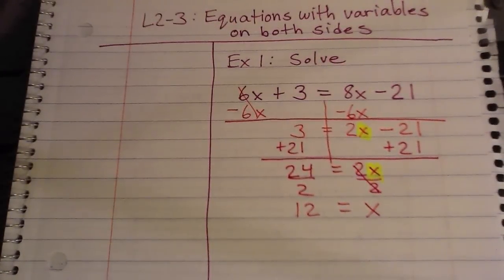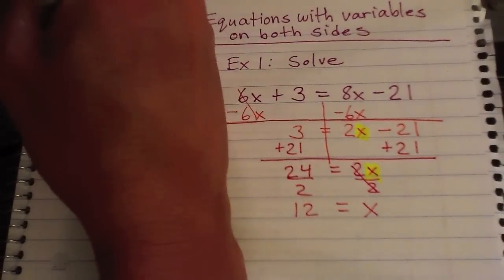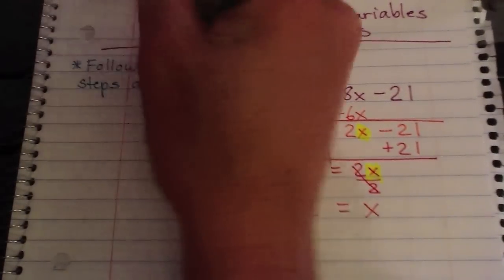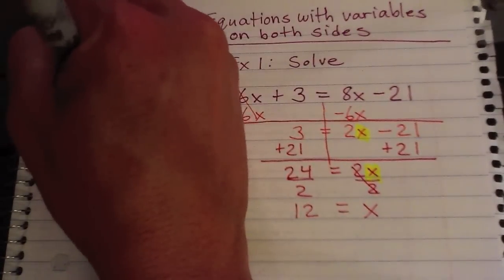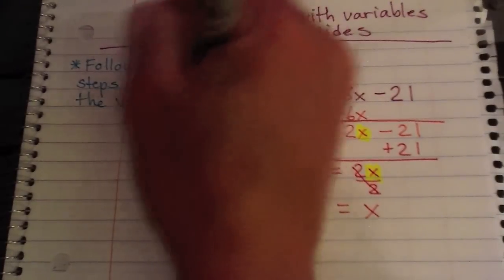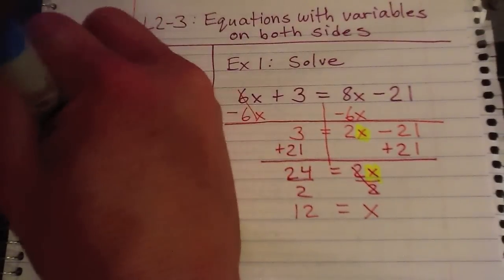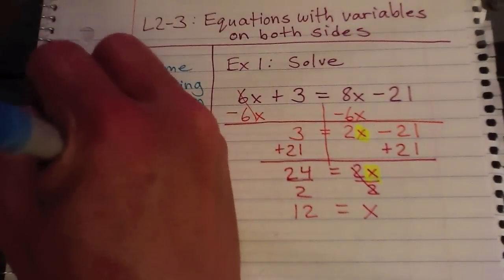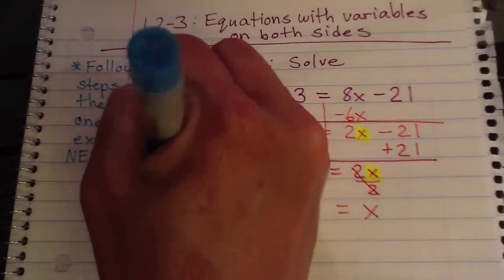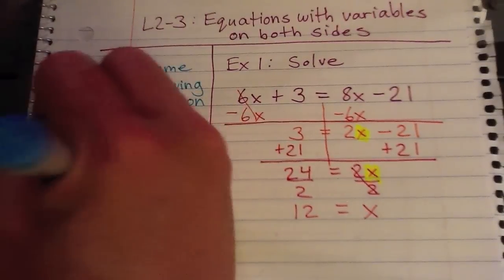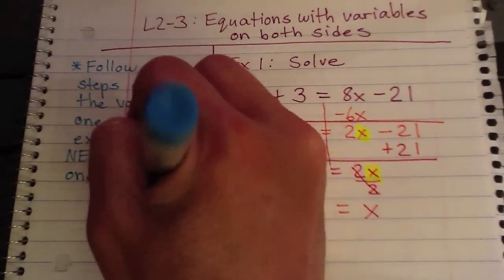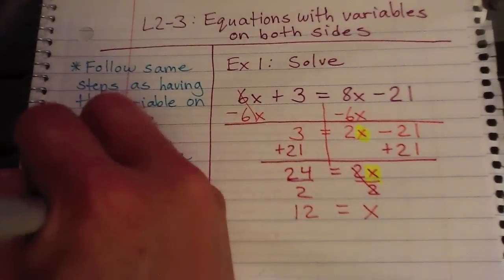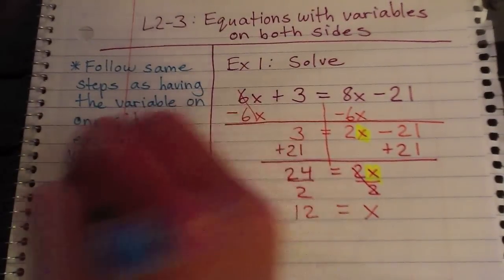Alright, let's write a little bit on the left. So you're going to follow the same steps as having the variable on one side, except you need to move one term with the variable to the other side first.